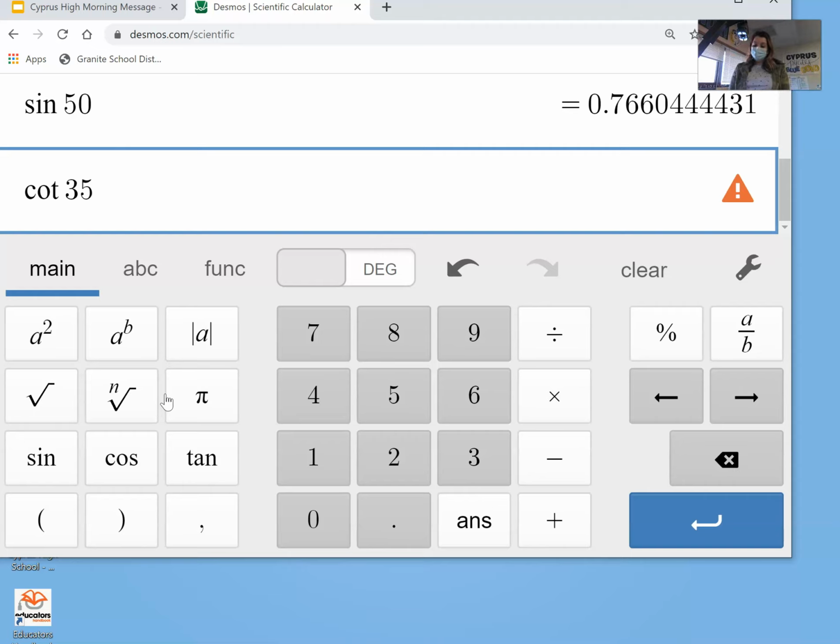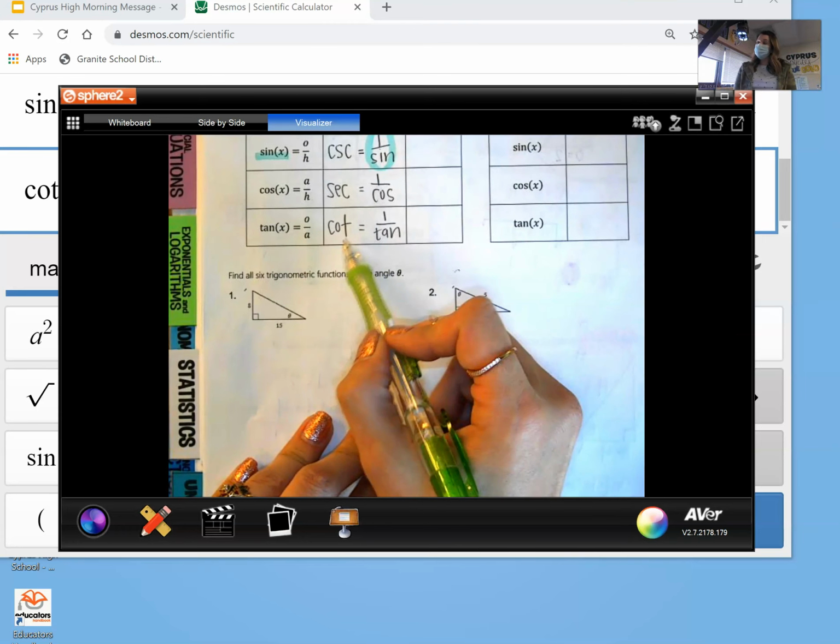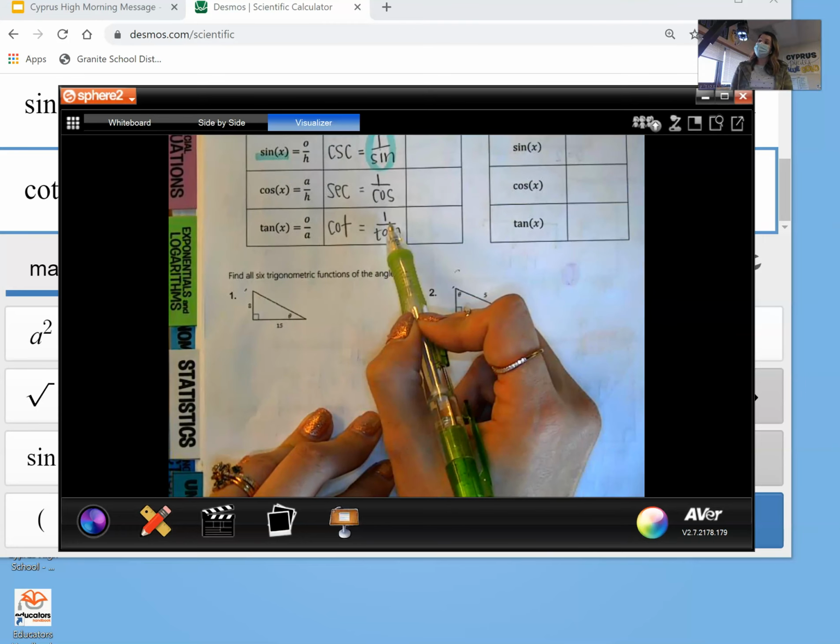And the reason why is because we have to change it to the functions that we can do. So we can do sine, cosine, and tangent. So in order to figure out what cotan is, sorry, distance learners, I'm really dropping the ball here, we have to change it to 1 over tangent.